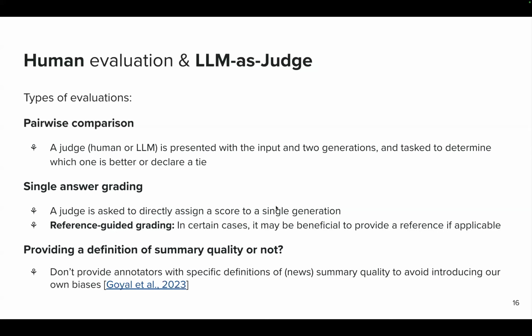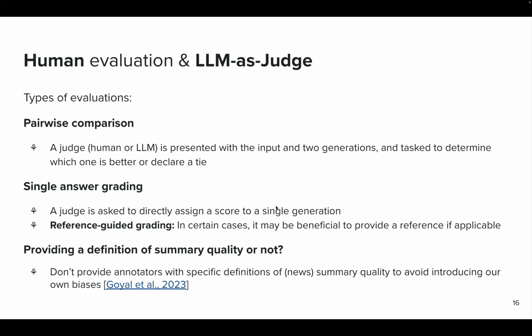For example, in this work by Goyal et al., they are looking at the summarization of news articles, and they say they don't actually want to give people any notion of what they deem the quality of a summary to be, because they don't want to bias people to just take the certain definition the authors of this paper have in mind.